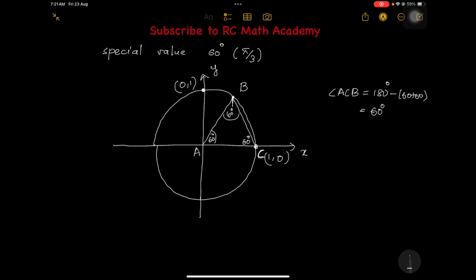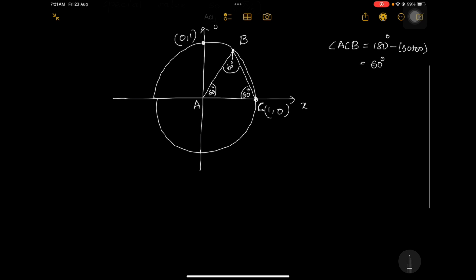So this angle is also 60. So we have a construction at point B where we made an angle of 60 degree. That's the construction we did at B to prove the pi by 6 value.